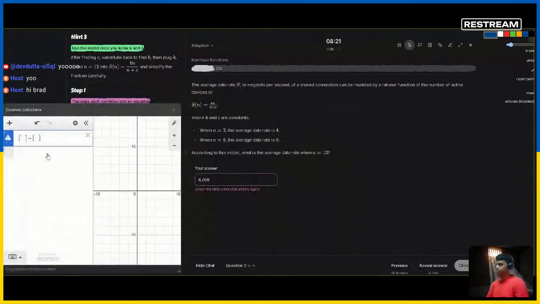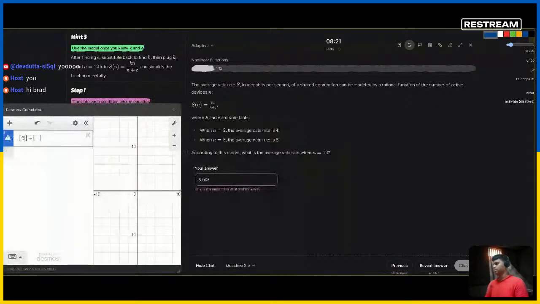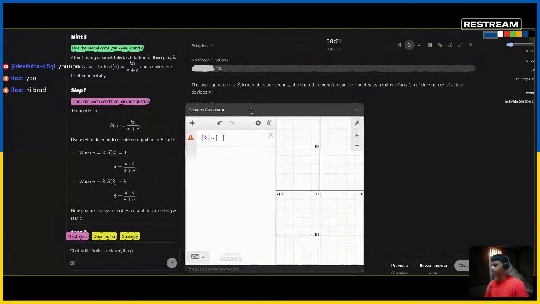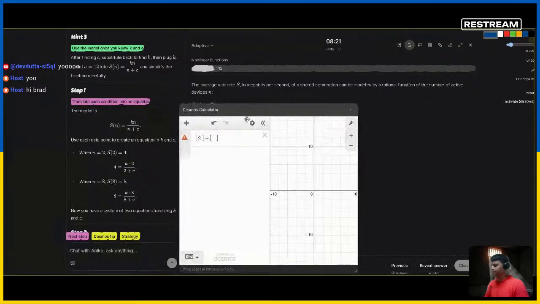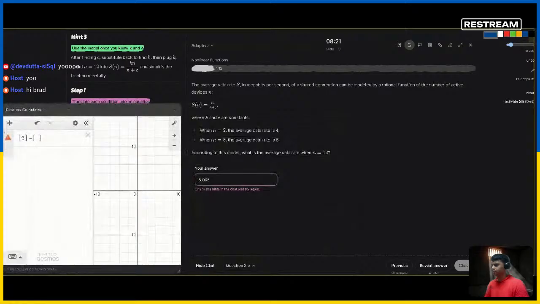So if n is 2, oh, okay, so n just equals 2, so no need to define it. So if n is 2, then the average is 4. So the answer is 4 now.